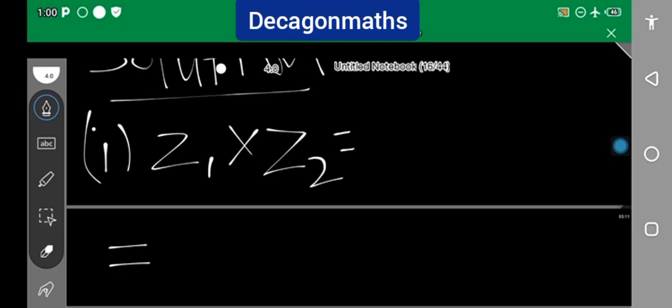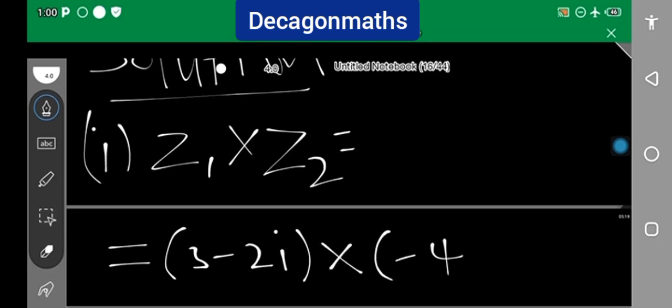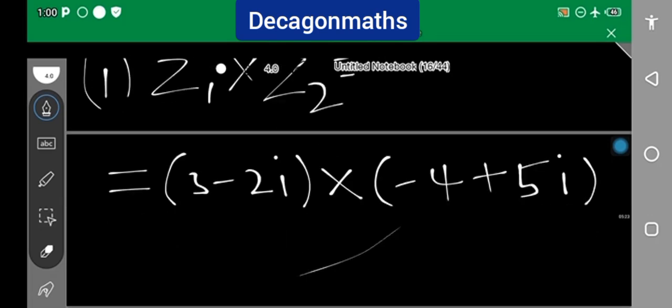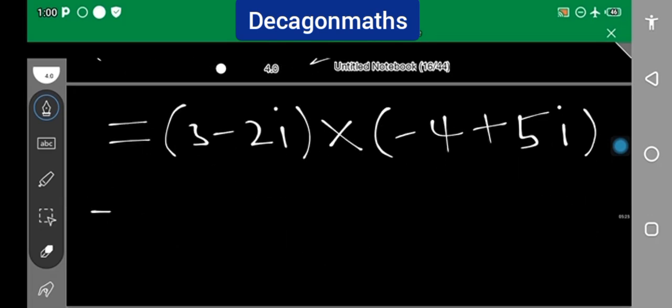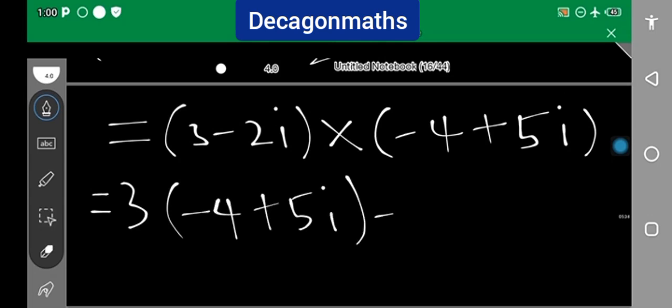This equals 3 minus 2i multiplied by minus 4 plus 5i. So this can be written as 3 into bracket minus 4 plus 5i, then we have minus 2i multiplied by minus 4 plus 5i.